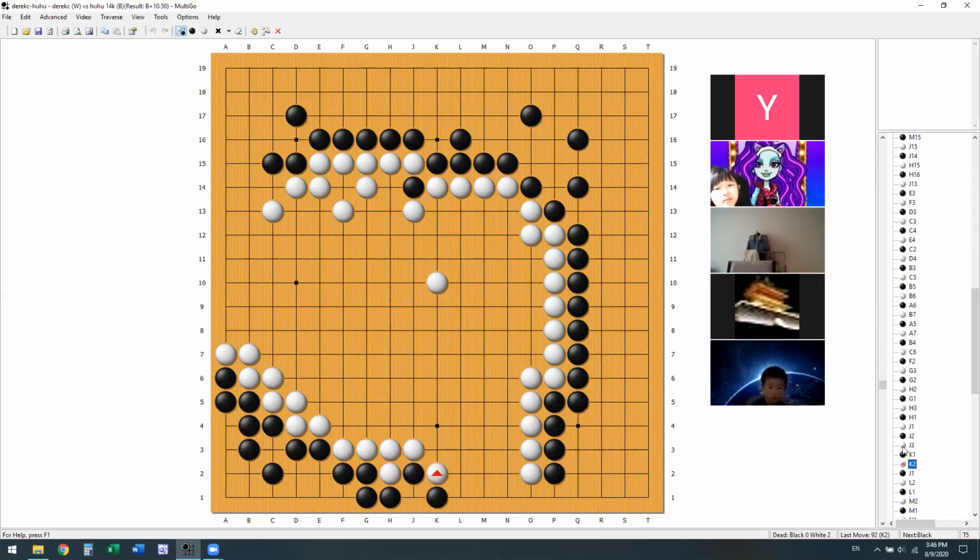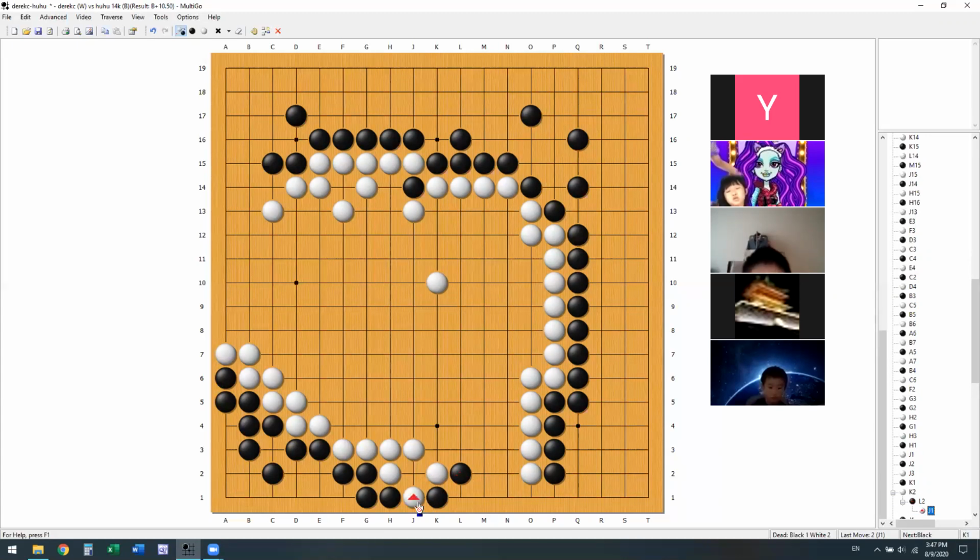Okay, now at this point, it is for black to go. And black is Huhu. So Huhu, if you know about the ko, actually there is a very serious move you can play, which is go here. Instead of connecting this stone, you can go here.